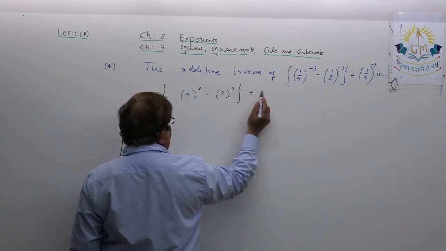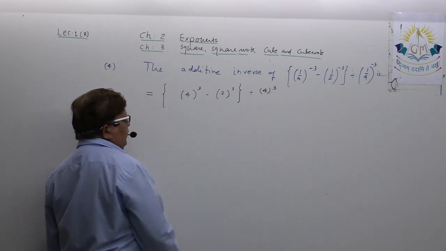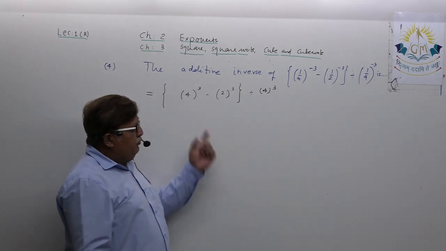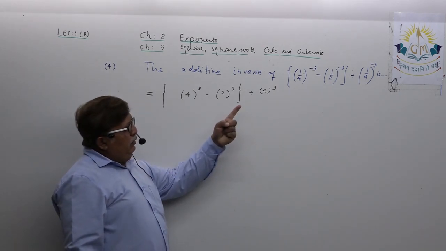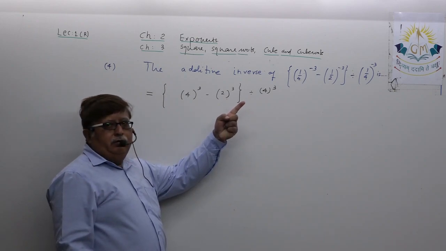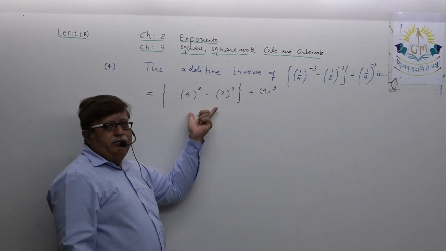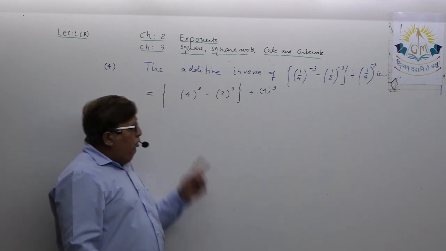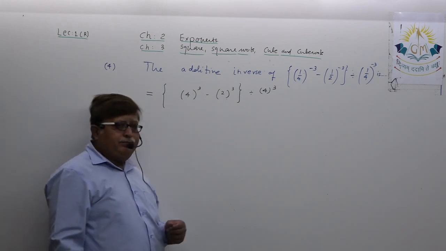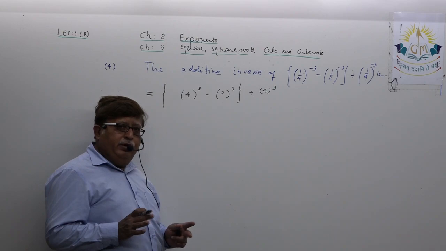Similar with the term outside the bracket, 4 raised to 3. Now see, dear student, just in one step, the difficult looking mathematical expression looks so simple, and that's why again and again I am giving you guidance to stick to the basics.